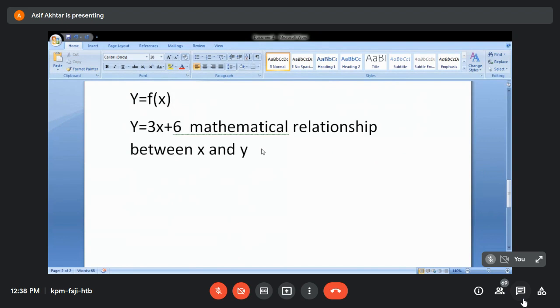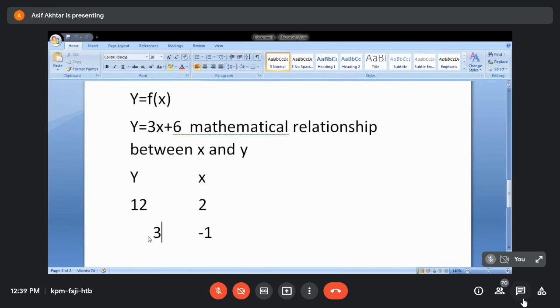Now on one side you have y, on the other side you have x, the small x. What you need to do is put the value of x. For example, you put the value of x as 2, how much is the value of y that you obtain? 12. Good. If you put the value of x as minus 1, how much value do you obtain for y? 3.